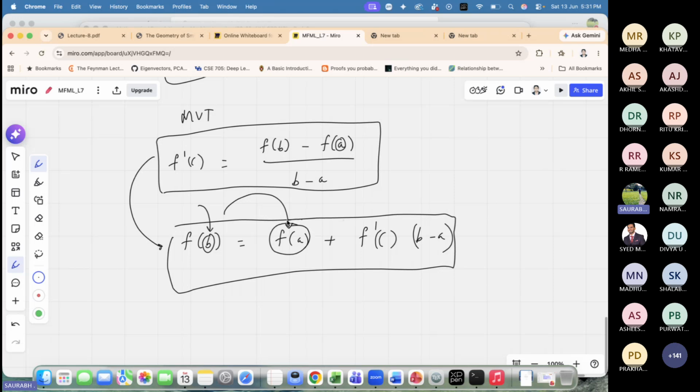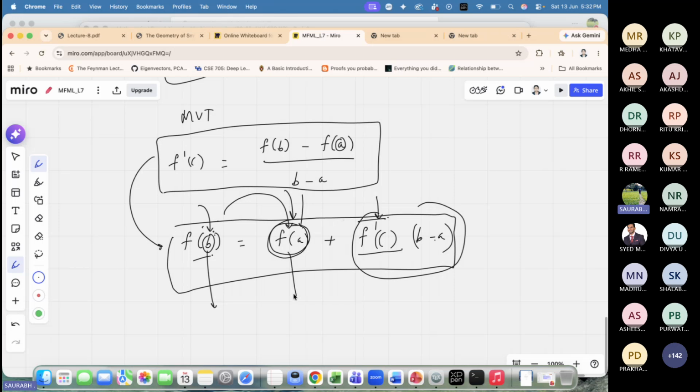You already know the function's value at A. So to know the function's value at B, a new point, it can be easily approximated using the function's value at A plus f dash c, which is nothing but the rate of change, right? How the slope changes between B and A. So it tells you how to estimate the function's value at a new point B.